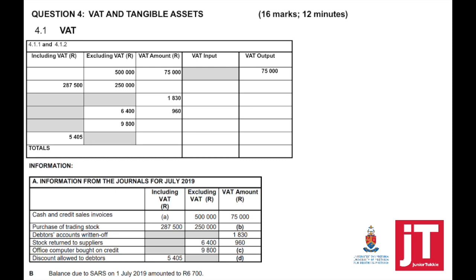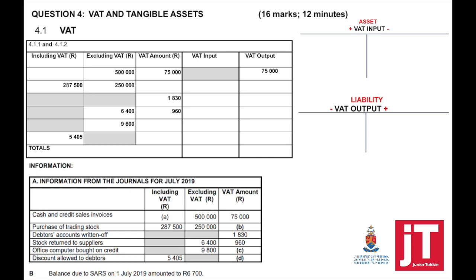input and VAT output. You need to understand the difference between output VAT and input VAT. Output VAT, we collect VAT on behalf of SARS. That money is owed to SARS, so this is why output VAT is regarded as a liability. VAT input is on all purchases paid.